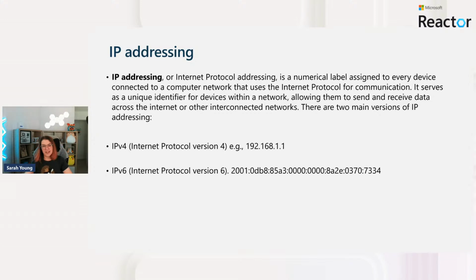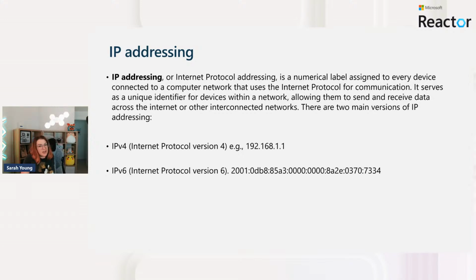But fun fact, we've run out of IPv4 addresses. We actually ran out quite some time ago, because when IPv4 was created, quite a while back, I think in the 80s, they didn't imagine that we would need so many addresses and that so many things would be connected to the internet.